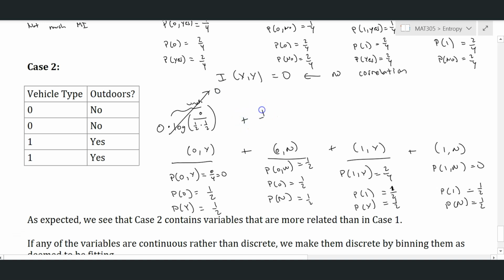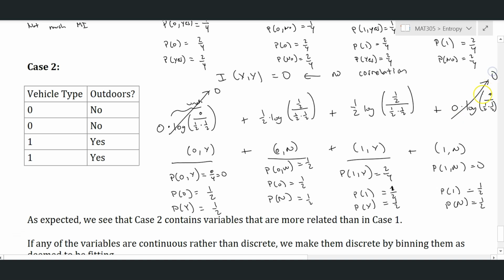We'll take plus 1/2 times log of 1/2 over 1/2 times 1/2. This will be the same term over here, just based on the nature of how we selected these probabilities. And for this last term, we'll have 0 times log of 0 over 1/2 times 1/2. Again, this will be 0.